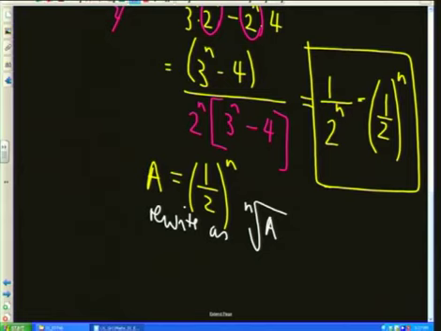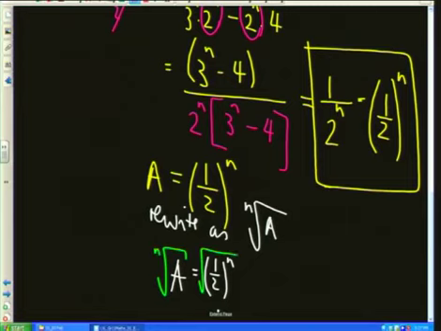We would take the root on both sides. So if I have A equals a half to the n, and I now take the root on both sides. I'm going to take the root n on both sides. Then when you take the nth root of a number, you undo the root.